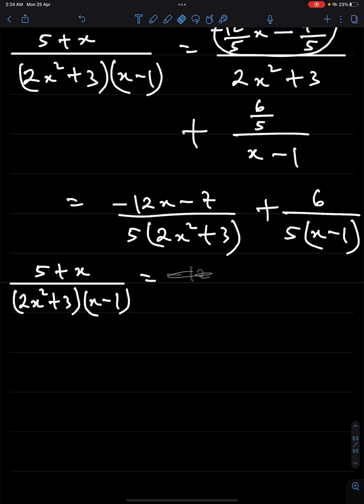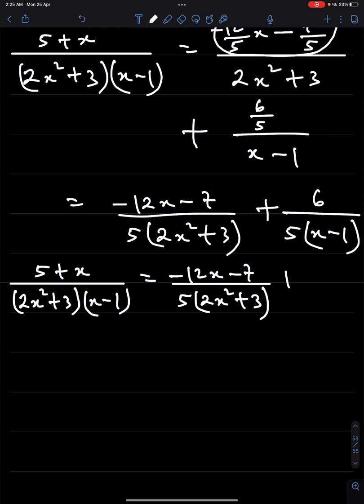If you like, you can arrange it this way, but I don't want to make anything look complicated, so let me leave it this way: plus 6 over 5 times x minus 1. And that's it, very, very simply.